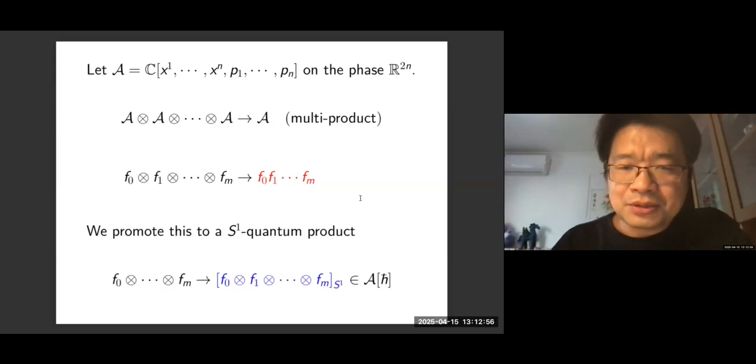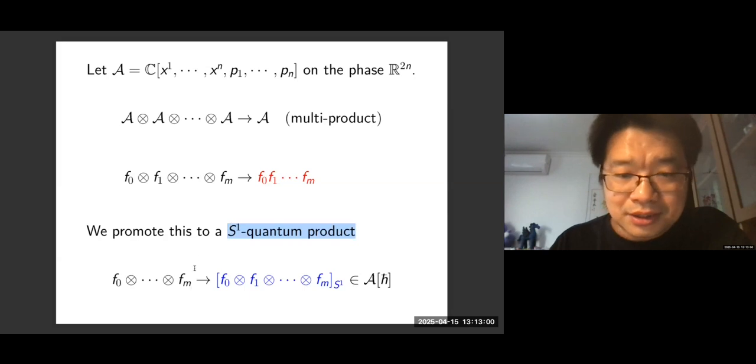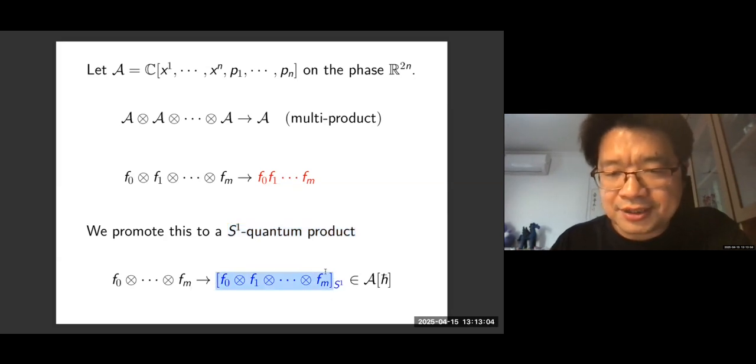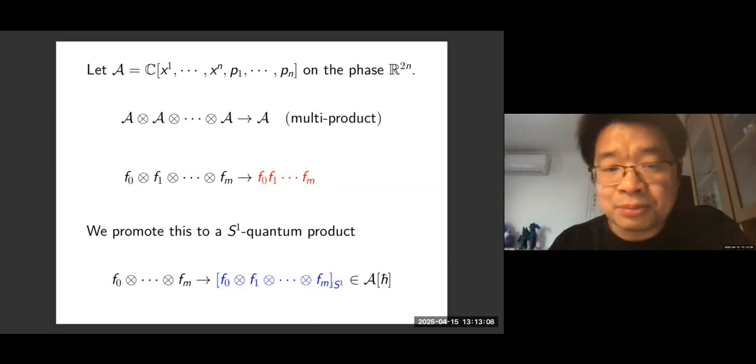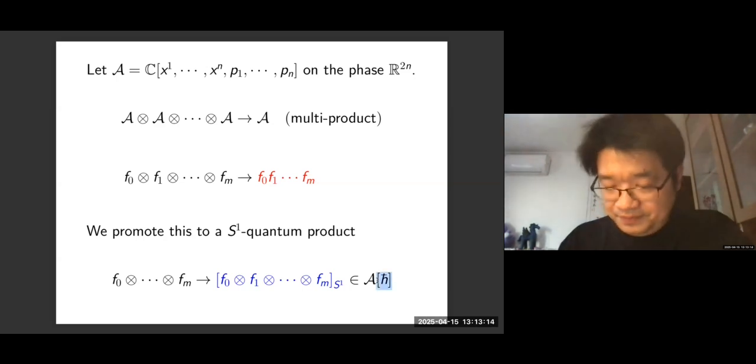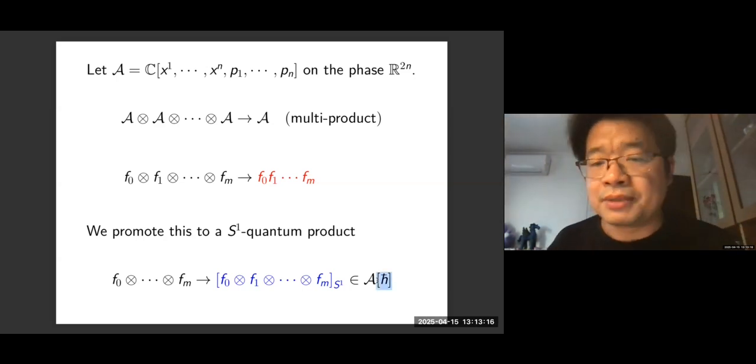I'm going to call this the S1 quantum product, and I'm going to use this notation. I put a bunch of functions together, and S1 means the S1 quantum product. It's going to be valued in this polynomial ring with one more variable, h bar, which appears here. That's the quantum parameter.